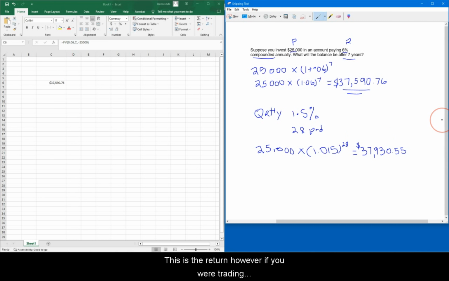However, if you were trading, right, and you made this number of trades in a single day, a single week, a single month, or over some period, if you bought and sold an investment with this rate of return 7 times, and you earned and reinvested that money, you would make the same amount.